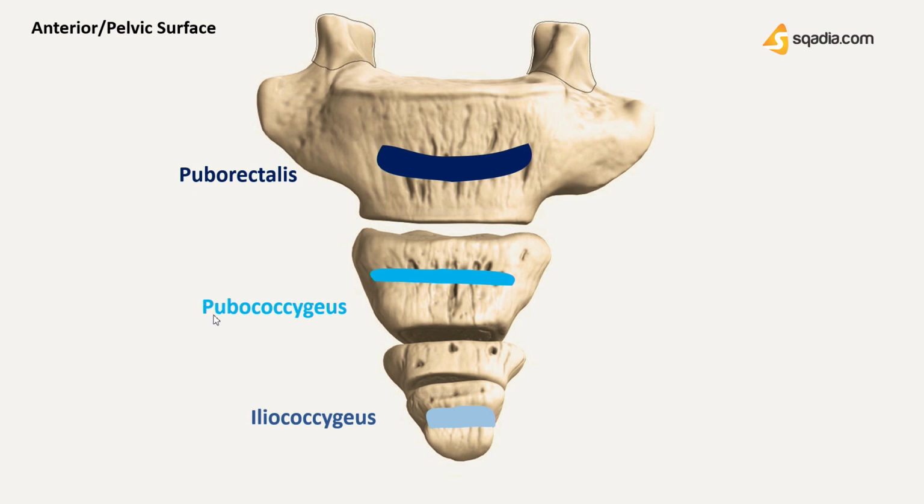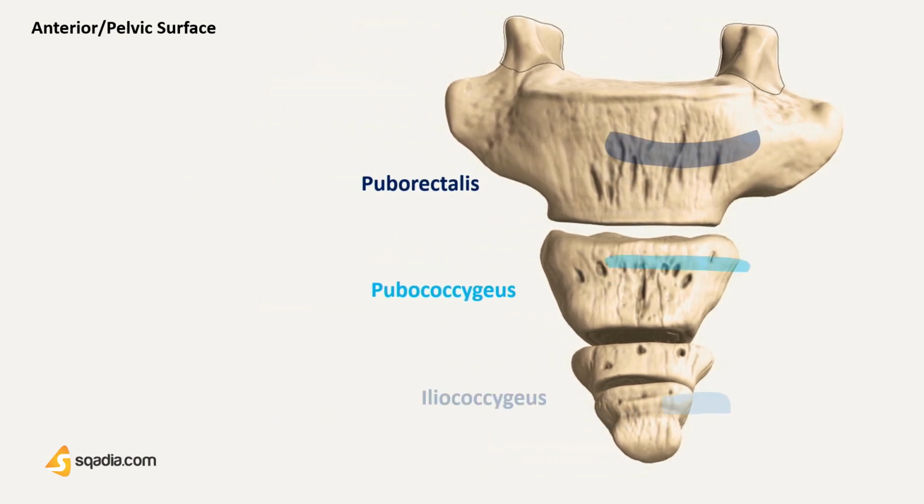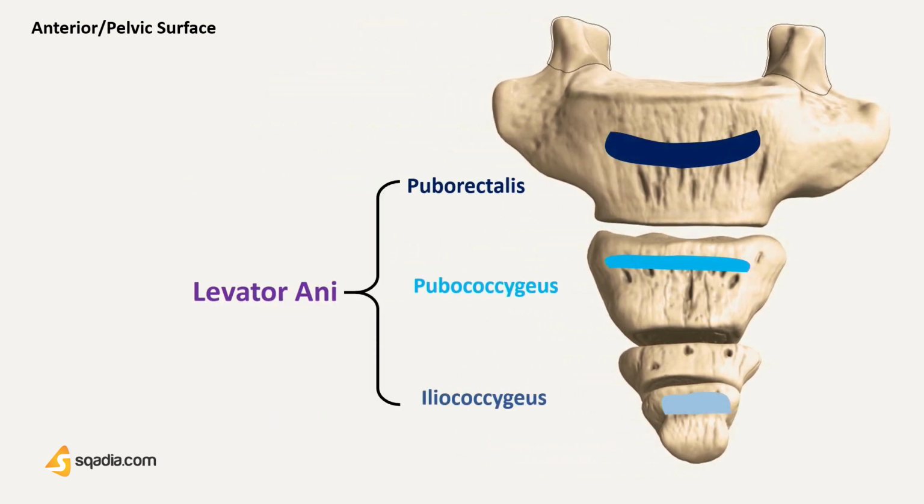First of all, pubo, which indicates it gets its attachment to the pubic symphysis, while the second part indicates that it gets its attachment to the coccyx bone as well. Then we have the iliococcygeus, and this shows that it has attachments to the ilium of the hip bone and the coccyx as well. Now together, these muscles form the levator ani.